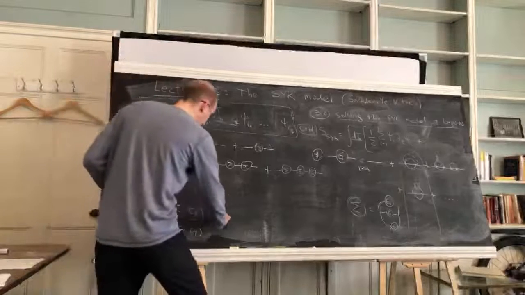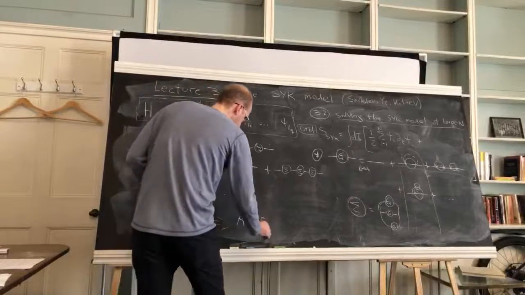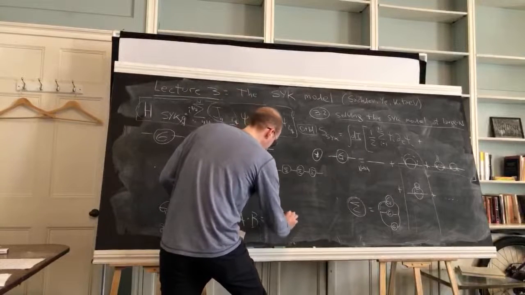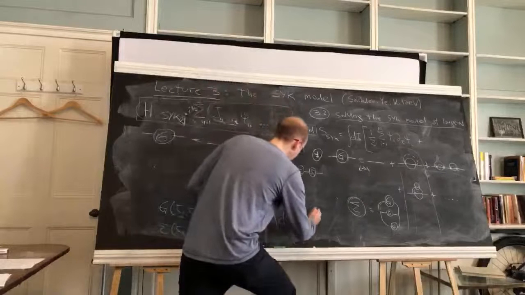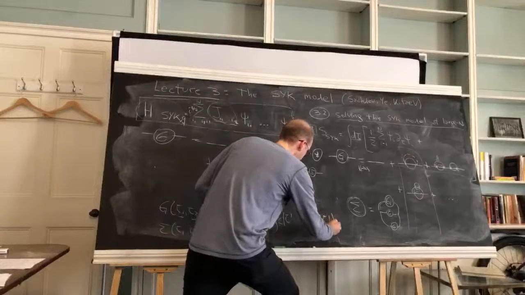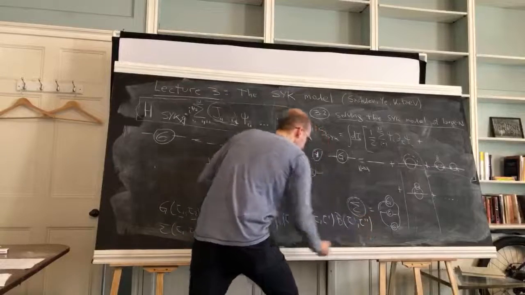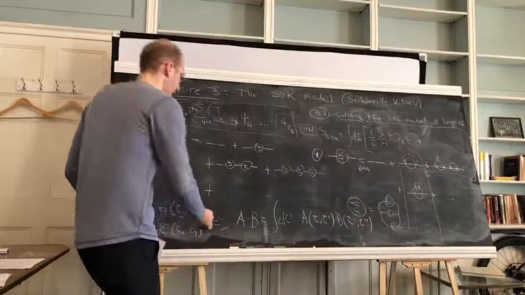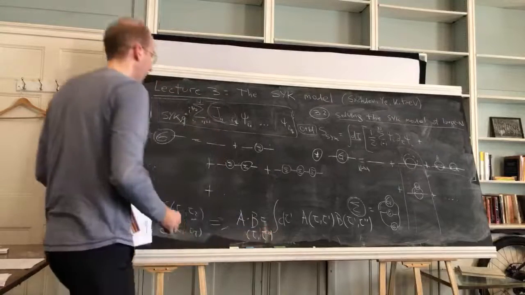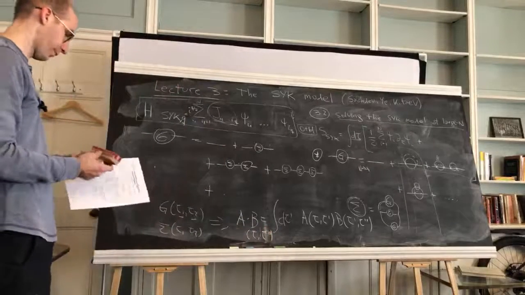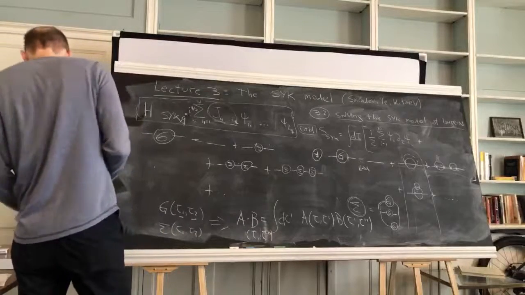And so when we multiply these things, A times B, this will mean the integral over tau prime of A(tau 1, tau prime) B(tau prime, tau 2). And this A times B will depend on tau 1 and tau 2. This won't be super important for us right now.